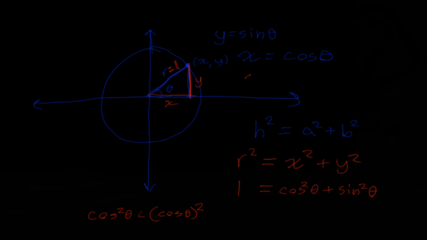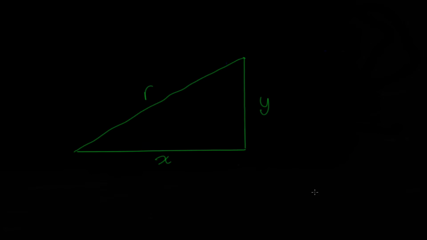So how would it be different? Let's take a look. If we have some random right triangle here, it's got a right angle, so we know we can use trigonometry for it. There are ways you can use trigonometry for other kinds of triangles, but we're not going to get into that today. We can write the Pythagorean theorem as r squared equals y squared plus x squared. That's not new, but this time r isn't equal to 1, and so y isn't equal to sine theta.